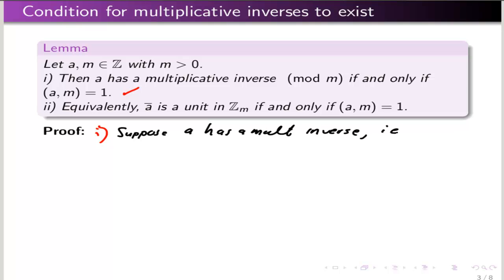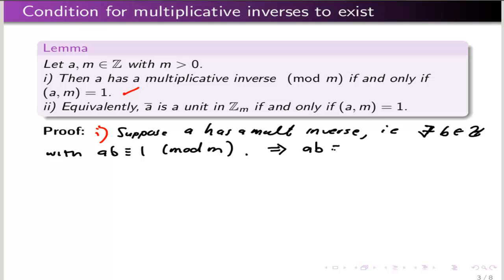That is, there exists a B in the integers with AB congruent to 1 mod M. Well, that would imply that AB equals 1 plus some multiple of M, for some integer k.